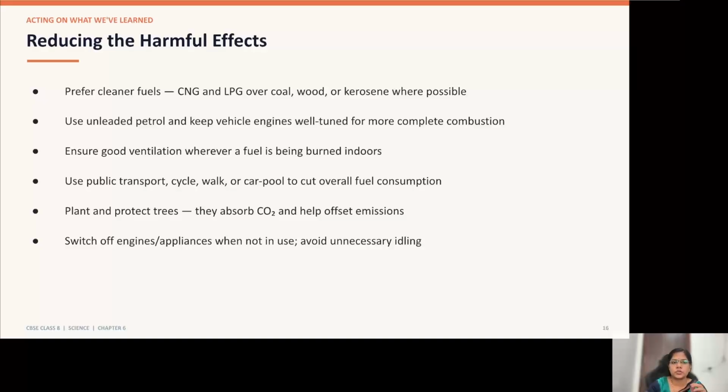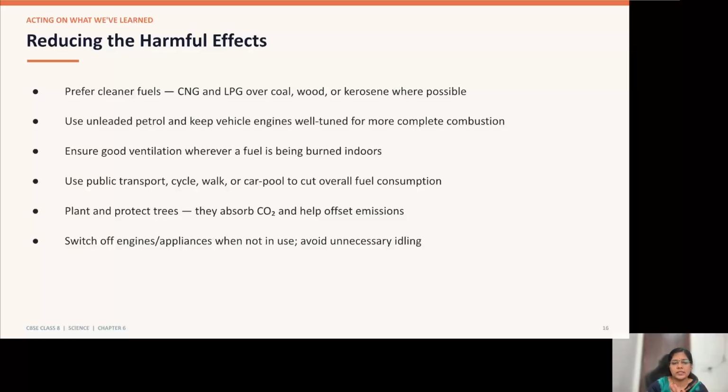So, to reduce the harmful effects, what are the things we need to do? Does your family use LPG, kerosene, or both? Have you seen no smoking or emission check signages? Do you walk, cycle, or take a bus rather than individual car trips? These things all matter.